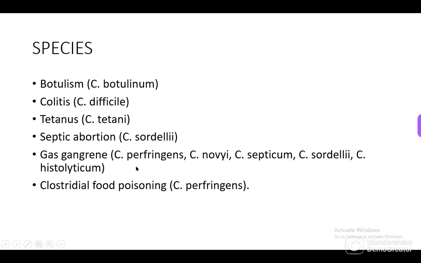Gas gangrene is caused by Clostridium perfringens, along with Clostridium novyi, septicum, sordellii and histolyticum. These are rare species. Food poisoning is also caused by Clostridium perfringens. So these are the species which are involved. Only four will be discussed here.